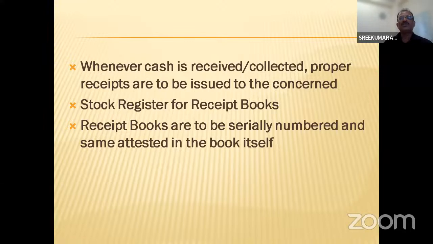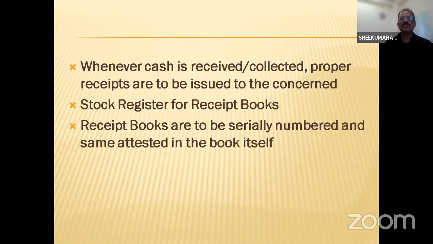Receipt books are to be serially numbered and the same attested in the book itself. It is very important that the receipt book, which may have 50 pages or 100 pages, is physically verified whenever the cashier takes one book, to confirm that it is serially numbered from 1 to 50 or 1 to 200.